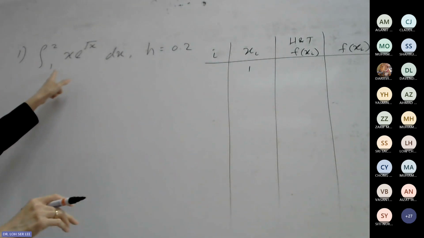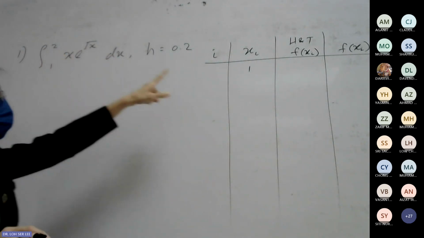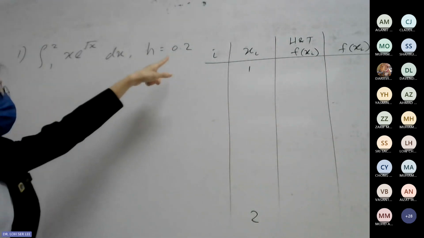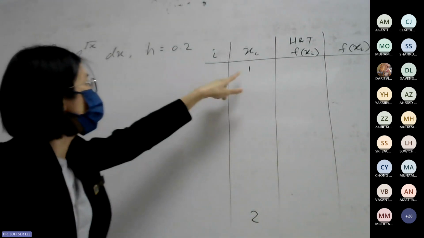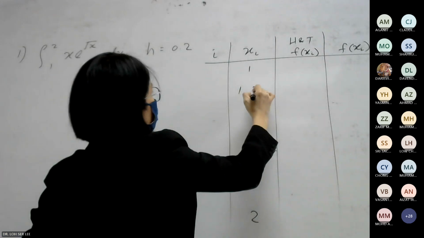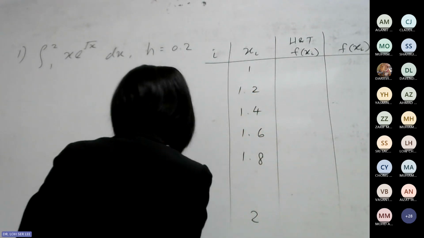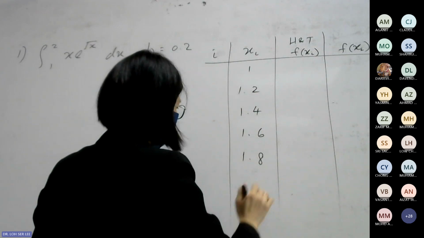Your x starts from 1 up to 2, and the step size is 0.2. So 1 plus h, plus h, plus h, plus h, then you stop here.